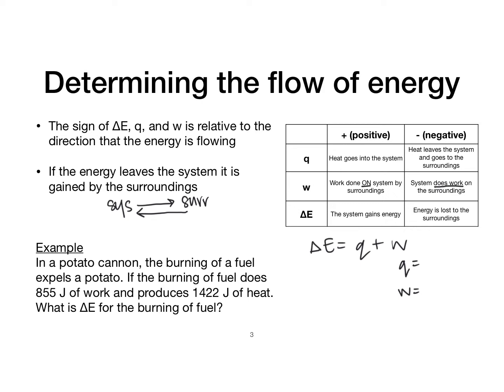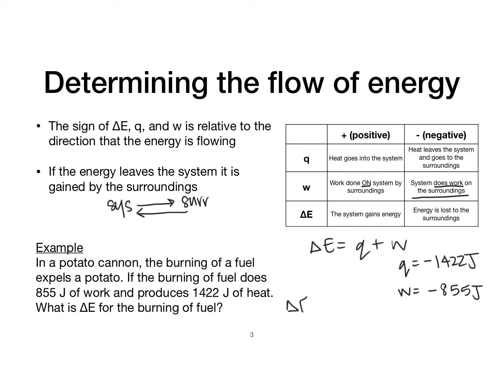So the heat is 1422 joules, but the fuel produces this heat. So for delta E for the burning of the fuel, this heat is lost, so it's going to be negative. And the burning of the fuel does work. So in this case, it would be like this one right here. The system, the fuel, does work on the surroundings. So this is also going to be negative 855 joules.